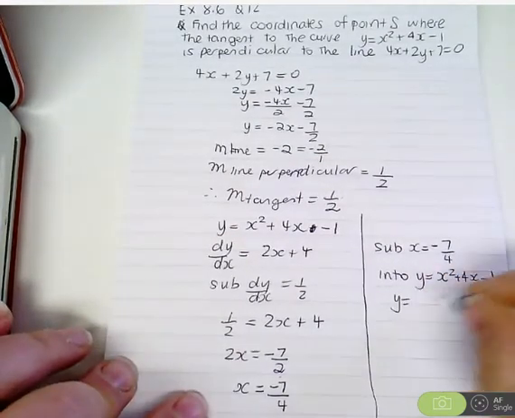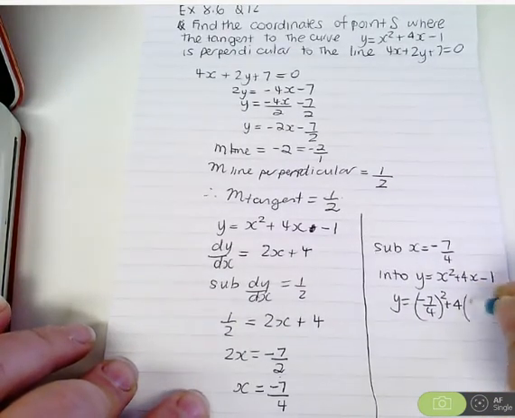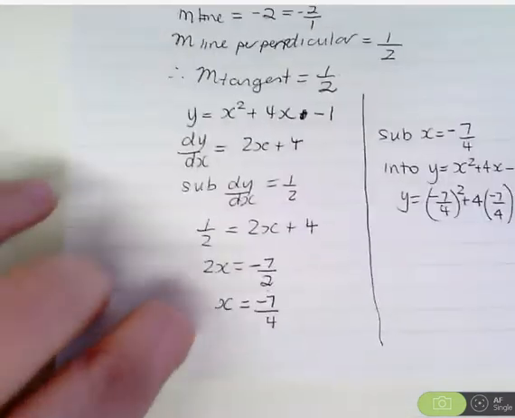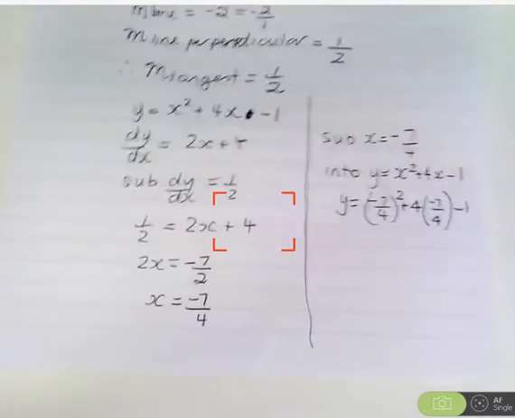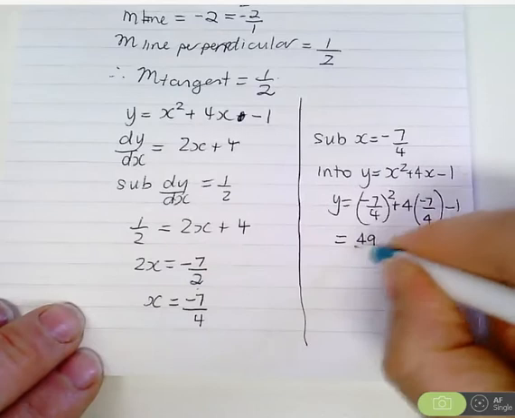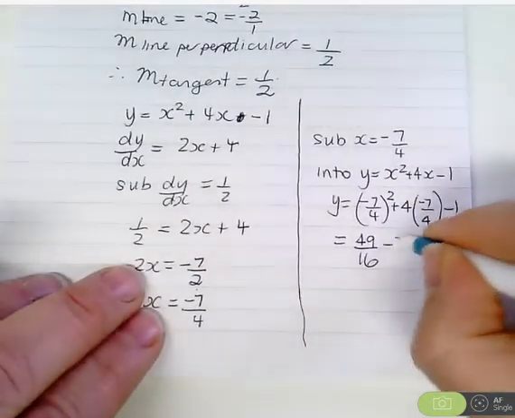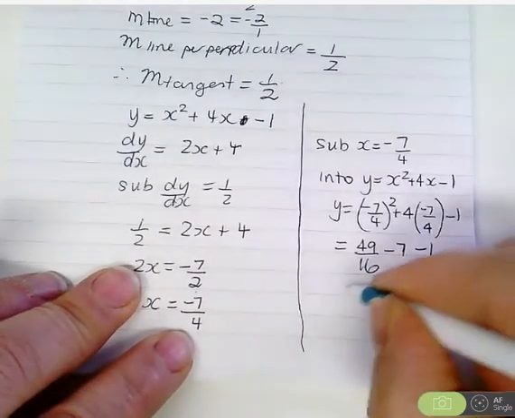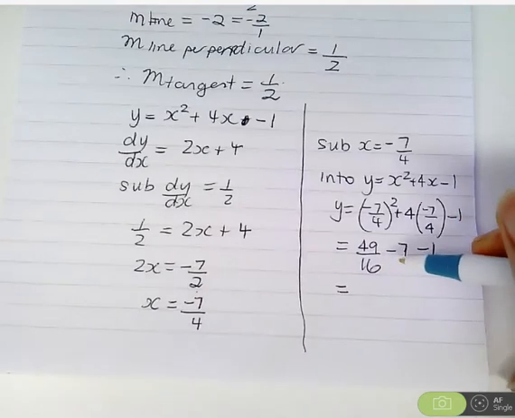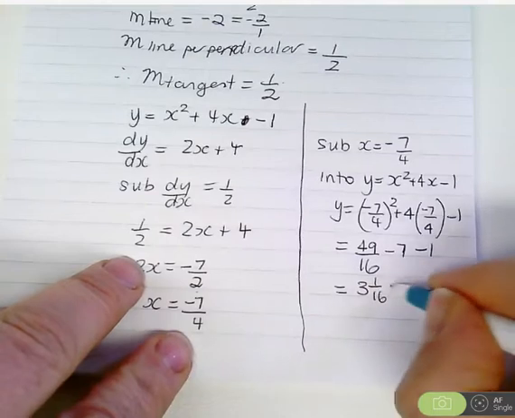And we will get y equals negative 7 on 4 squared, now that will be positive, plus 4 times negative 7 over 4 minus 1. Squaring a negative, you get a positive, so you get 49 over 16. The 4's here cancel, and you'll get minus 7 minus 1. You might want to get your calculator out. 16 times 3 is 48, so that's 3 and 1/16 minus 8.